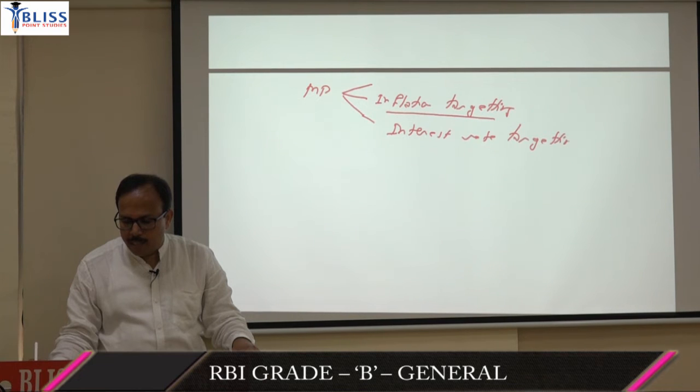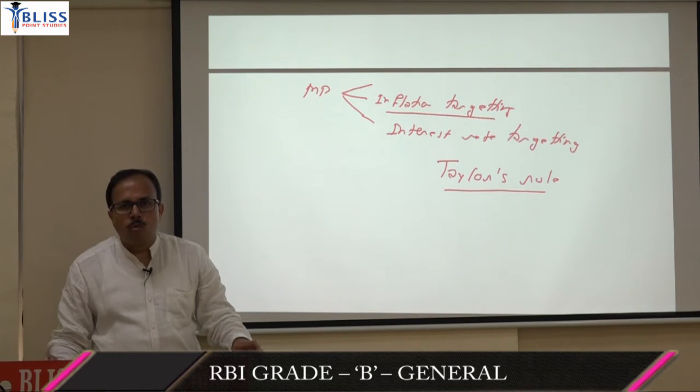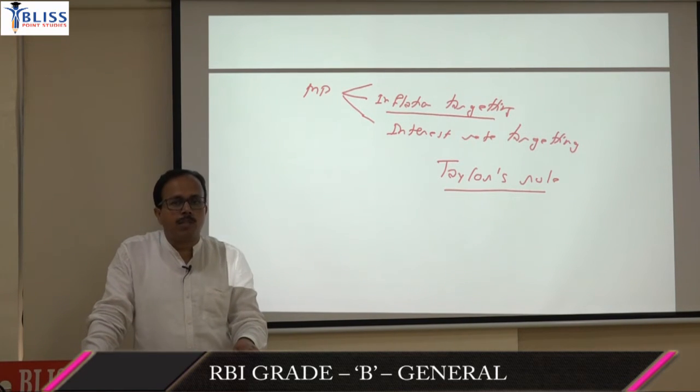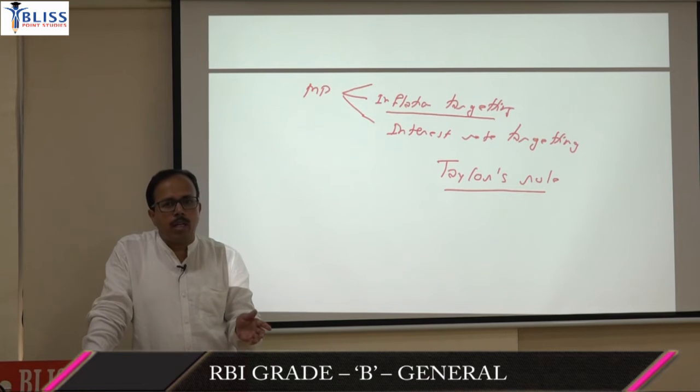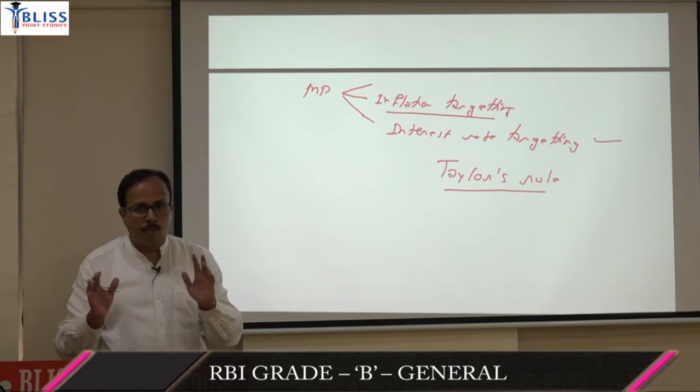And that interest rate targeting has been explained by Taylor's rule. What is exactly the meaning, equation of that Taylor rule, and how you can apply that Taylor rule in order to have interest rate targeting? So there are different concepts.